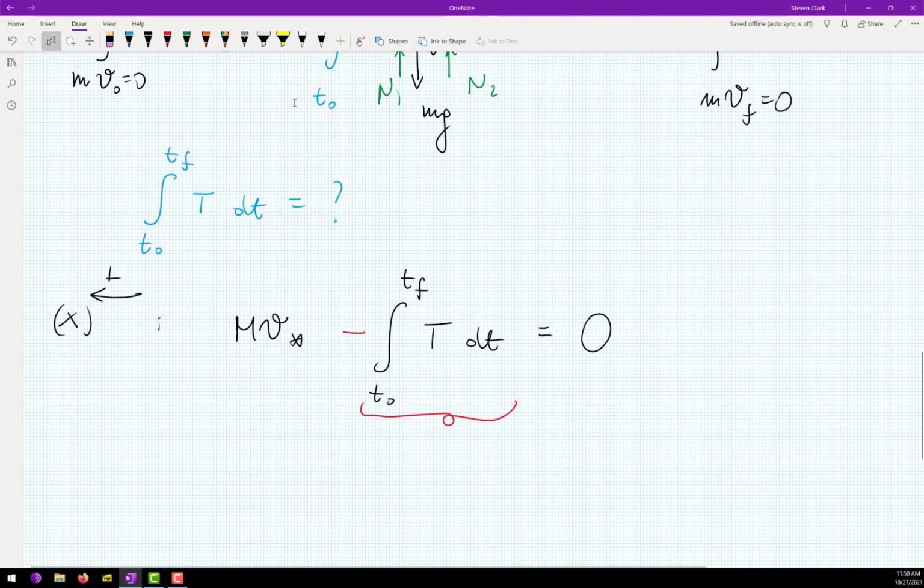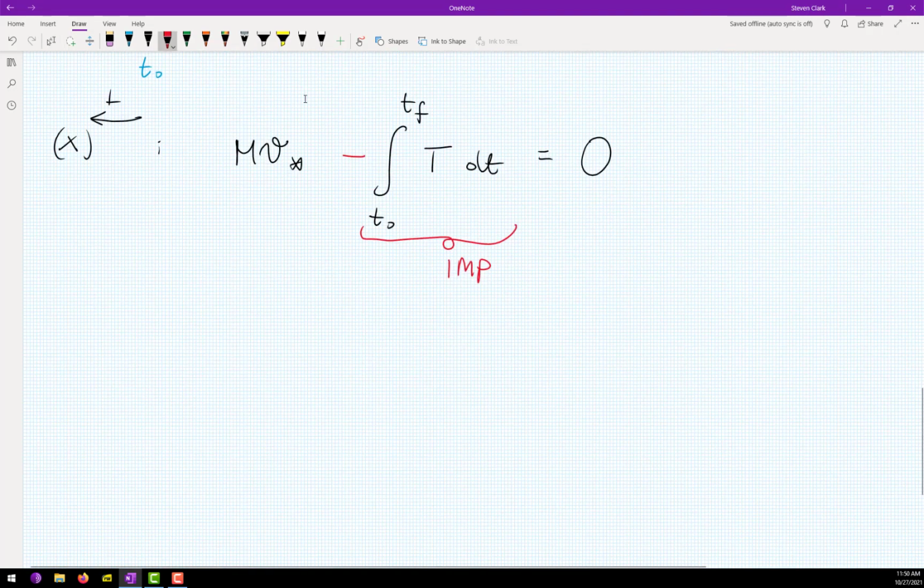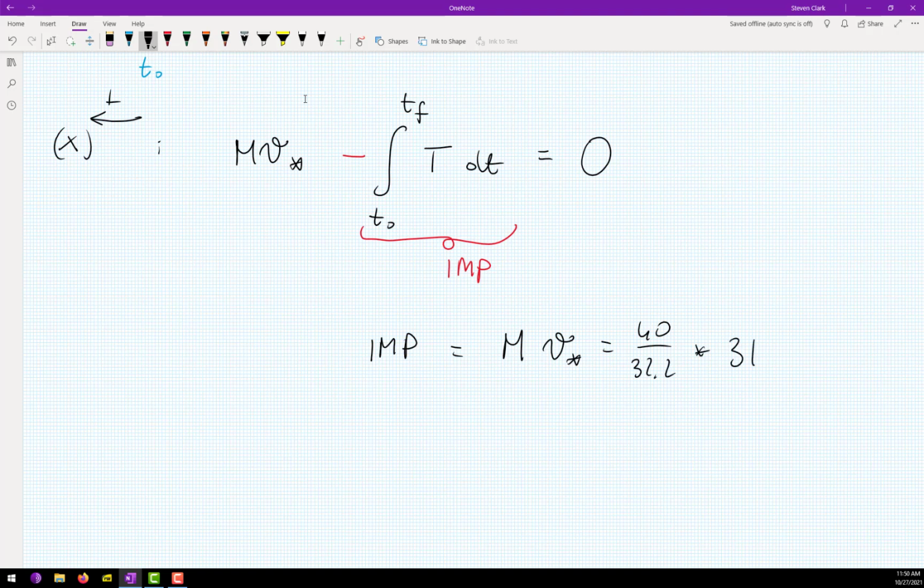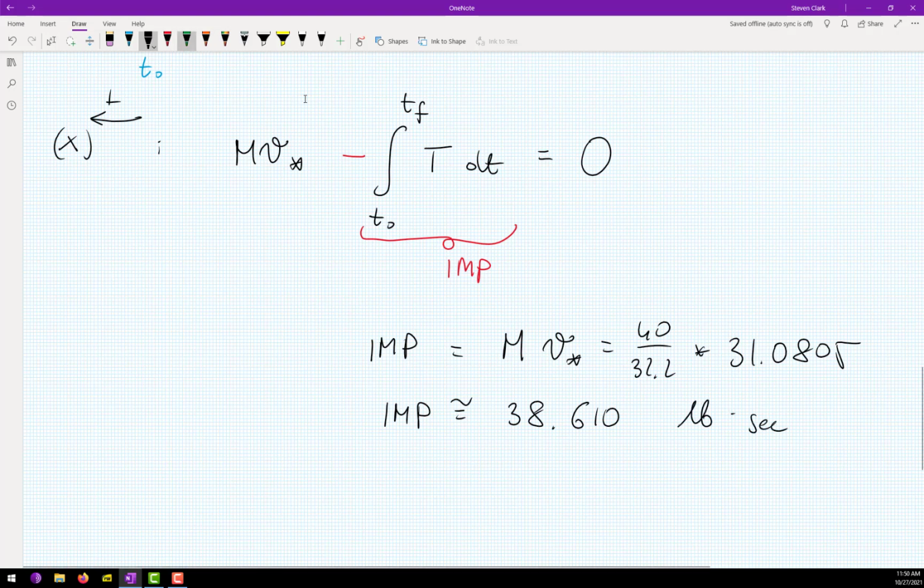So IMP is equal to big M V star. If you plug in values, you will obtain 40 divided by 32.2 times 31.0805. So IMP is approximately 38.610 pounds times second. This is our answer.